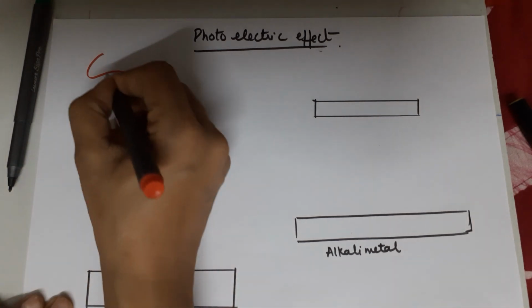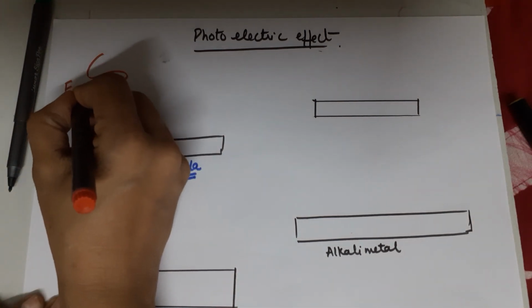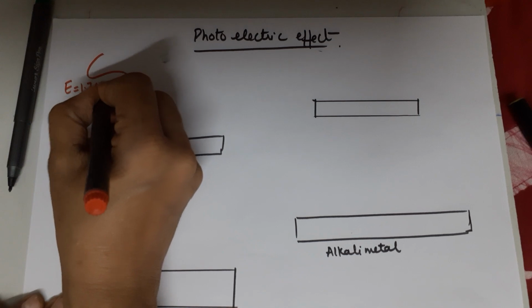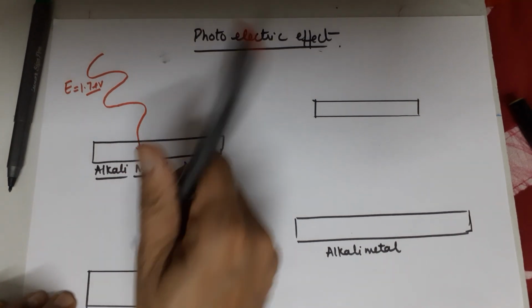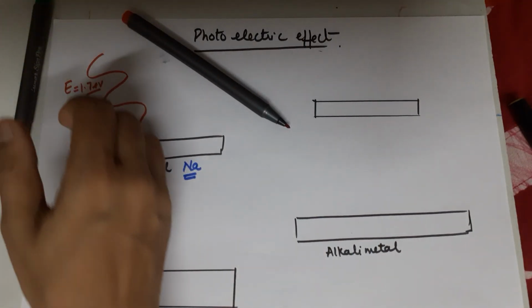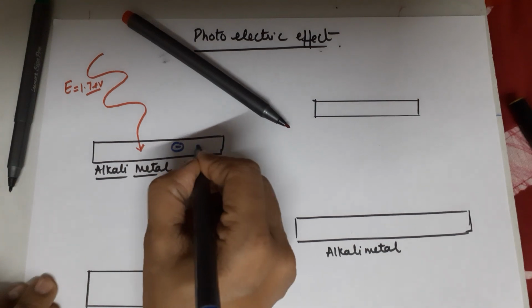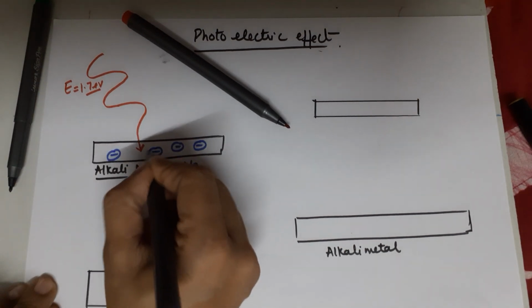I know the energy of the photon of the red light is 1.7 eV and I find there is no electron released, which means no photoelectric effect. All sodium metals do have loosely held electrons. Metals do have loosely held electrons in them, which can be lost.